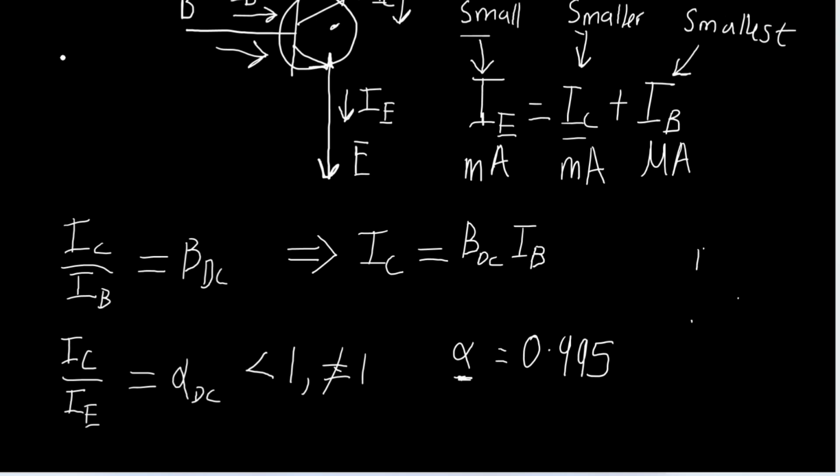So if we have a smaller value over a small value, at the end of the day we'll have our answer in decimal form, 0 point something. It's not up to 1. So that's the reason for this. This can never be 1, and it cannot be more than 1. Instead, it is less than 1.